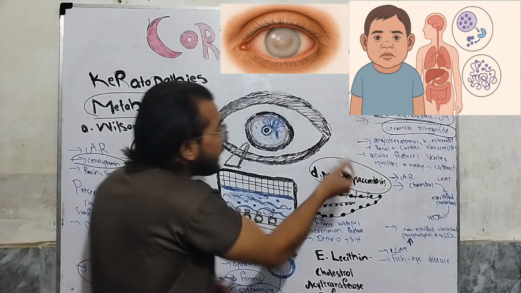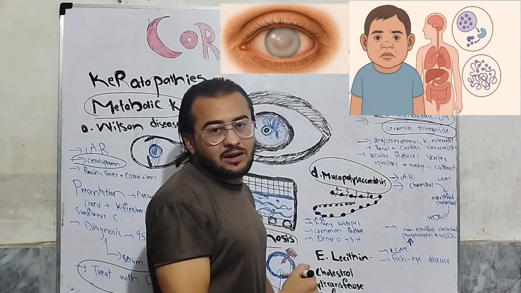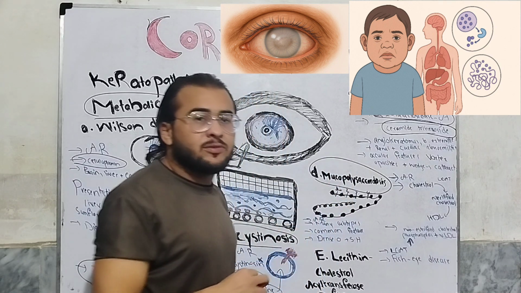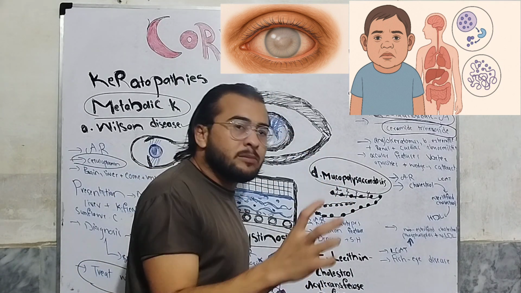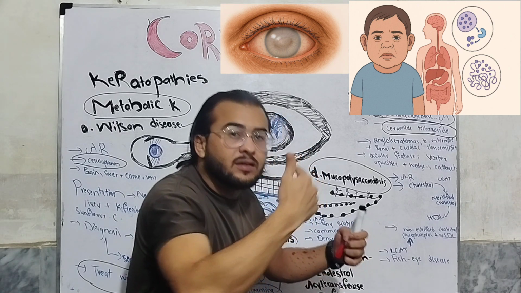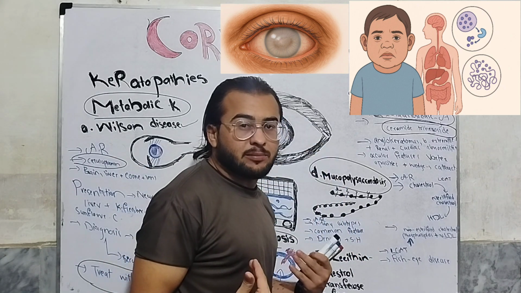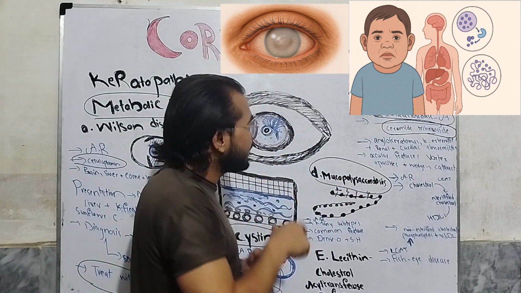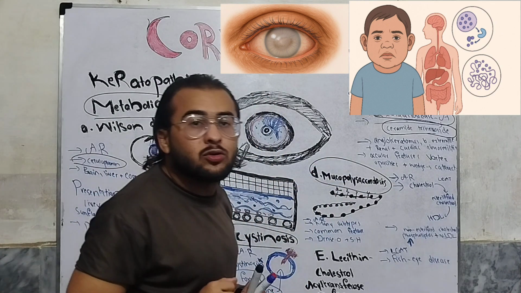So that's why it is a group of metabolic genetic disorders. Okay, but remember, there are many subtypes, but the common systemic features which are present are facial coarseness, skeletal abnormalities and learning abnormalities. These are the common clinical features of mucopolysaccharidosis.